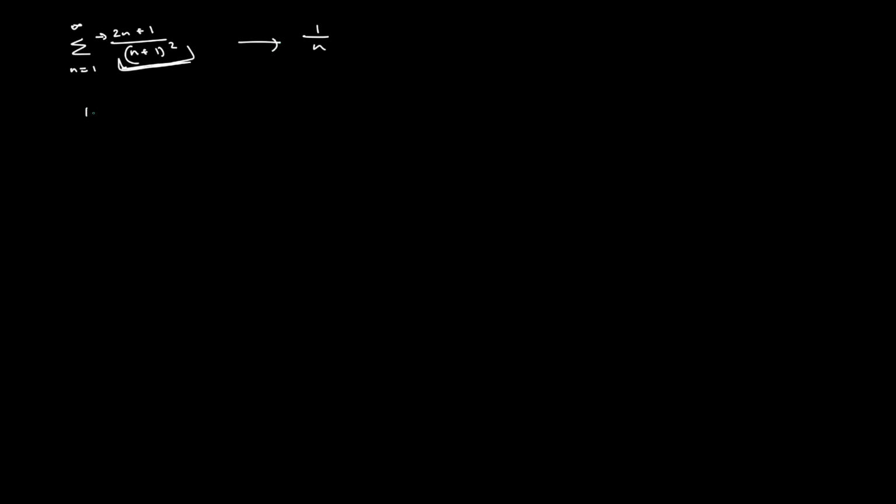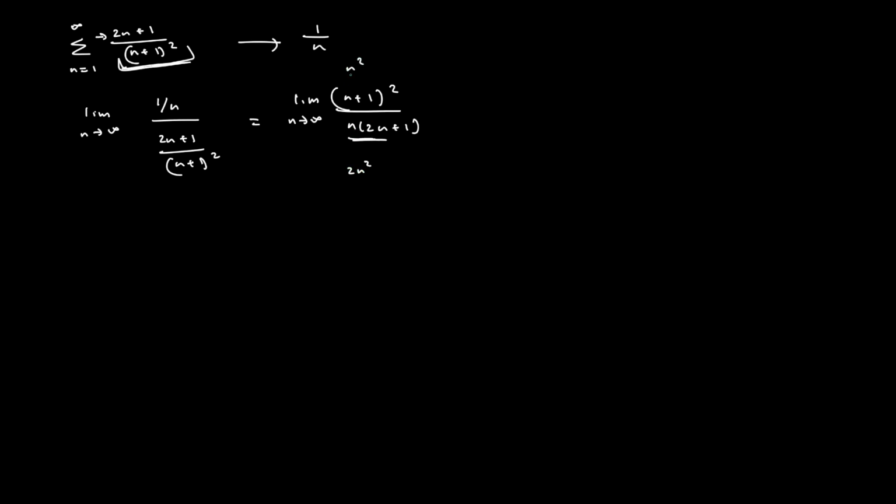So the limit as n tends towards infinity of 1 over n divided by (2n plus 1) divided by (n plus 1) squared. Now I get (n plus 1) squared divided by n times (2n plus 1). You can notice that the leading degree in the denominator is going to be n squared, with coefficient 2, and over here we're going to have an n squared leading degree, and so our limit is just going to be 1/2.